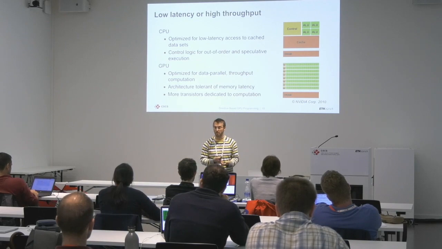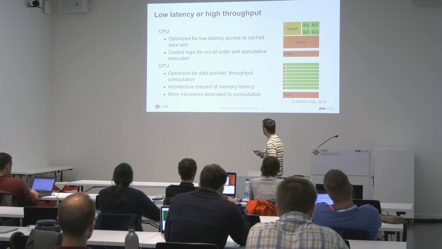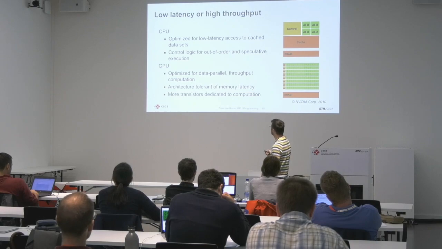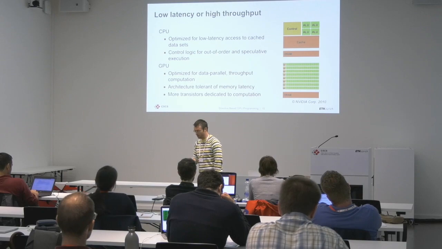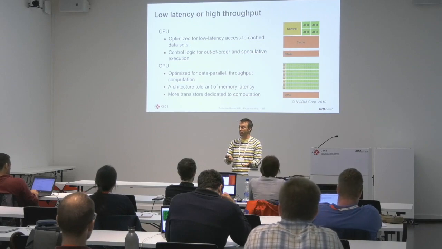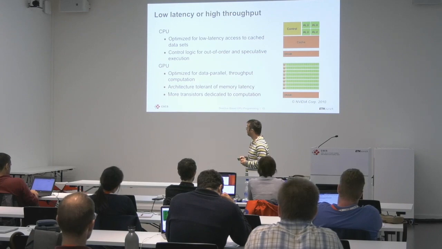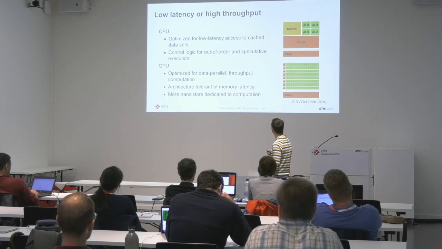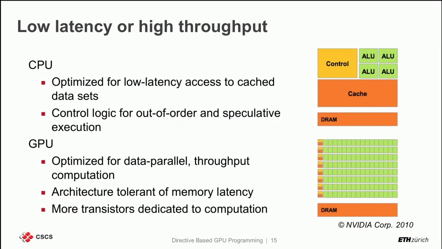All this must be able to run on the CPU, so it is much more general purpose. That's why they have all this fancy logic for out-of-order execution, where multiple instructions are fed from memory and executed out of order, not following the order of the program, so as to increase throughput as much as possible.